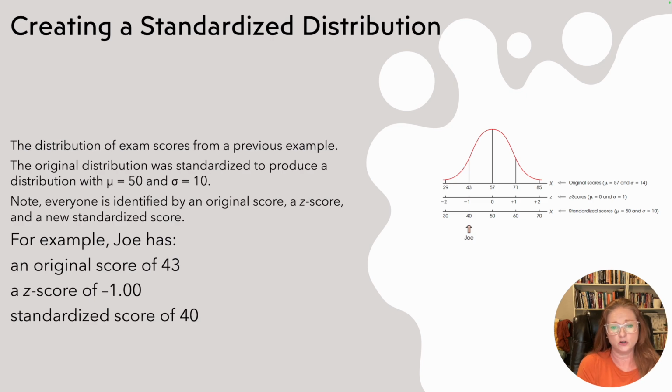If for whatever reason you don't want to give him that full transparent identifier, -1, what you can do is standardize it and give him a new score, right? So if Joe has an original score of 43, which yields a -1 z-score, his new standardized score can be 40, okay?